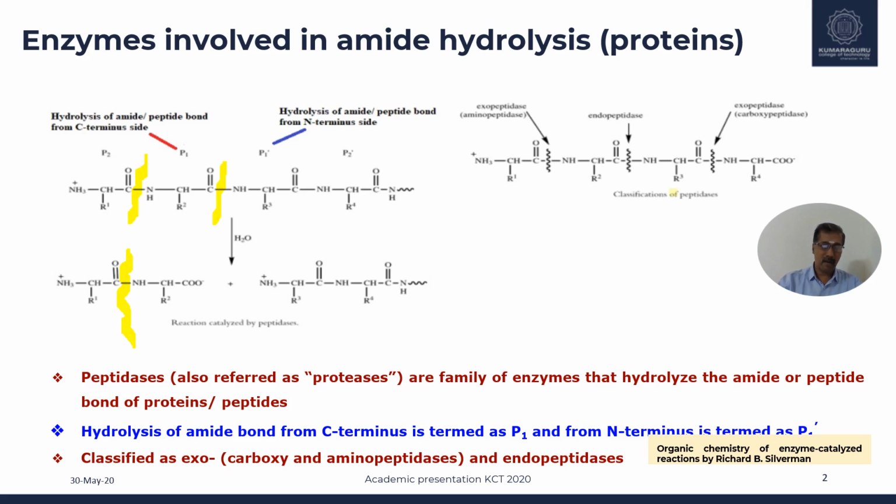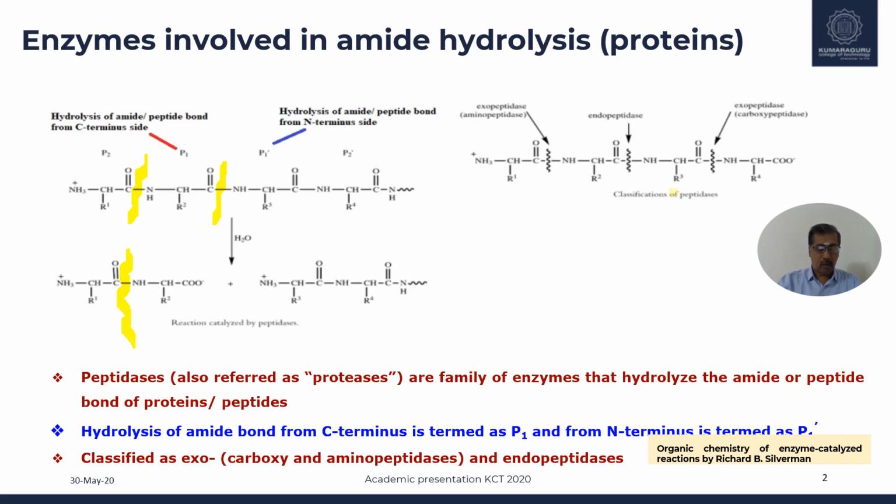So in one way, your enzymes will target the amino acids in the protein where the carbonyl group is contributed by that particular amino acid. In another way, you can see hydrolysis of an amide or peptide bond contributed by the amino group. Now again it should be the same. This is the amino group contributed by this amino acid.